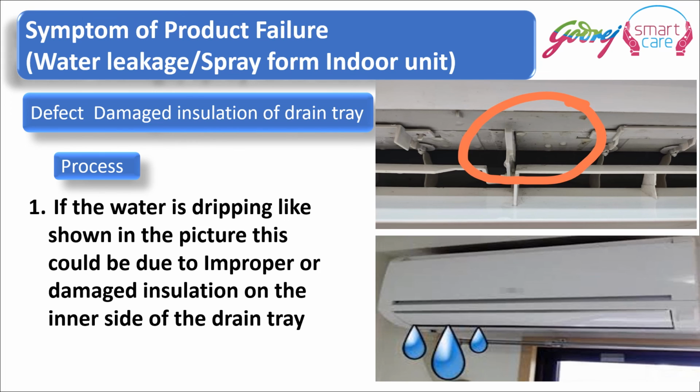If it is falling slowly from some random place which is having some kind of sweating on it and it is colder than the other plastic parts of the indoor unit, you can be sure that there is an insulation crack behind this plastic part.